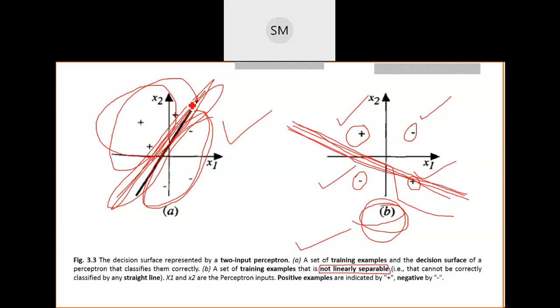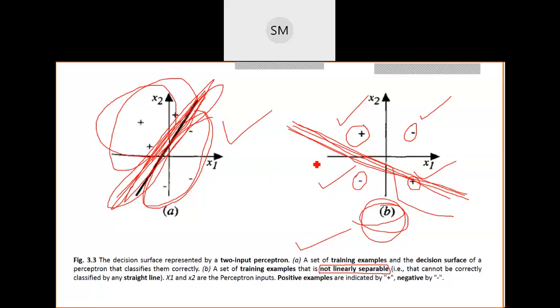But in the other case, we can make two clear partitions, because all those training examples belong to one side of the straight line. All of them are positive, all of them are negative, so we can separate them as positive and negative. But in this diagram, we cannot.